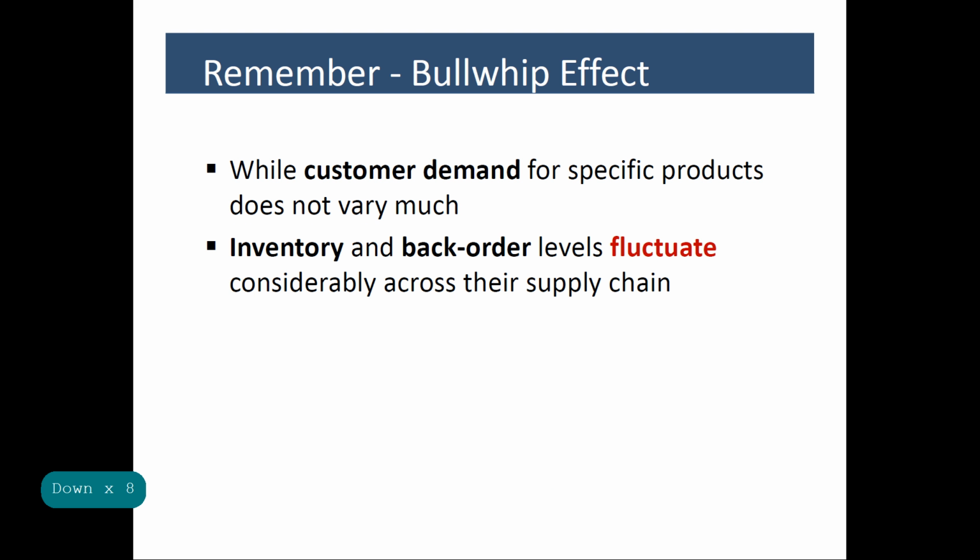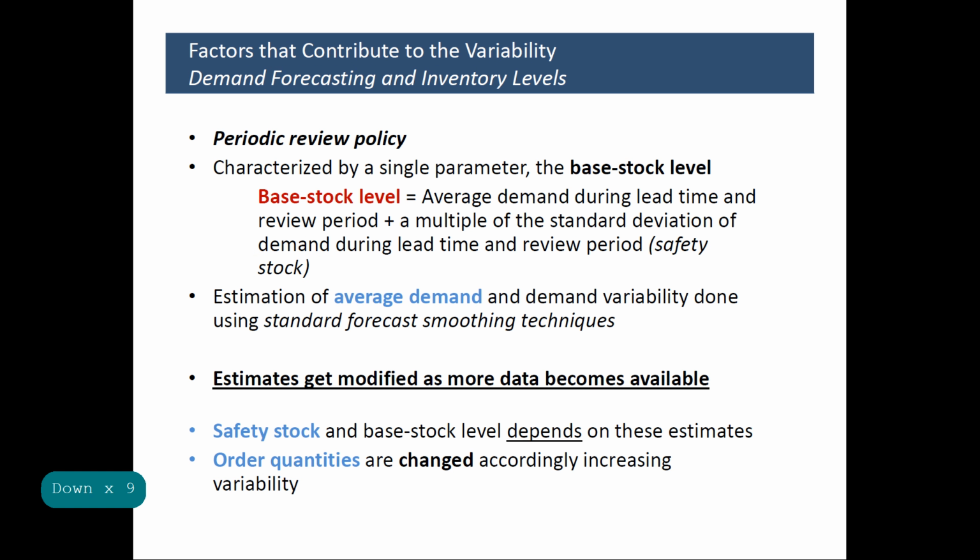So if you remember the bullwhip effect that we talked about in previous sessions, we had the customer demand at the retailers, which did not vary that much, but upstream the supply chain, inventory and back orders really fluctuated to a significant extent.